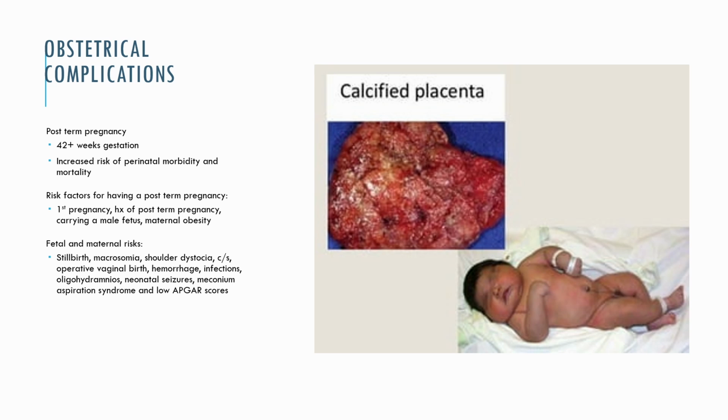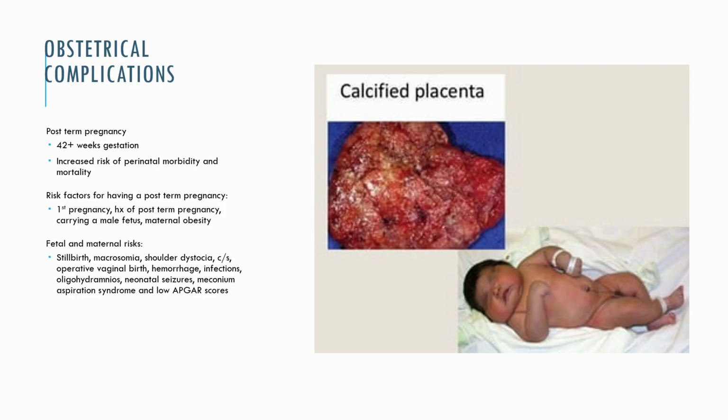Oligohydramnios. So what happens, the placenta was only made to work for about 40 weeks. After 40 weeks, it starts having little mini strokes within it and cutting off the blood supply. So there's a picture over here of a calcified placenta. You see all those white spots? That's all dead tissue, dead blood vessels within this placenta.